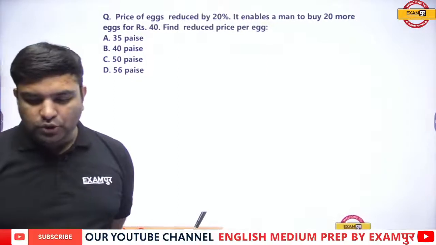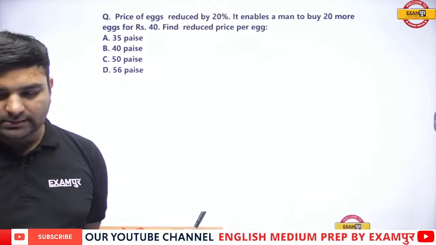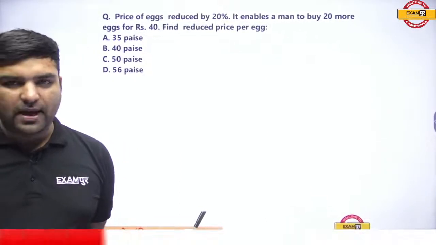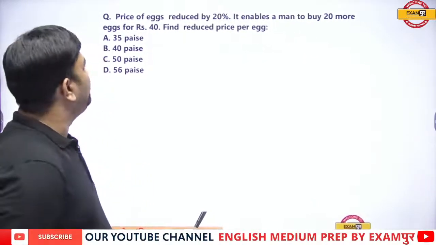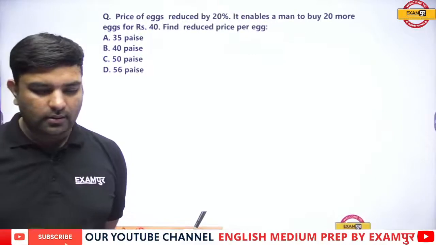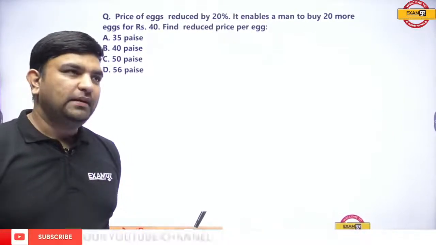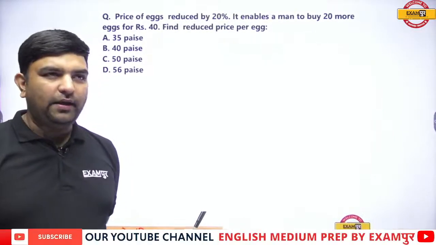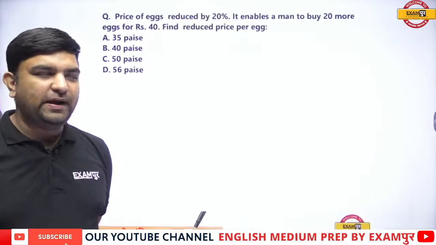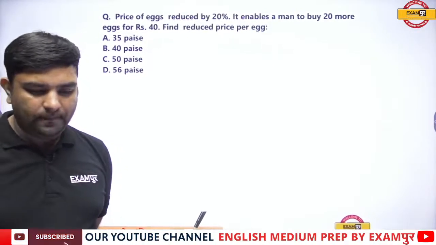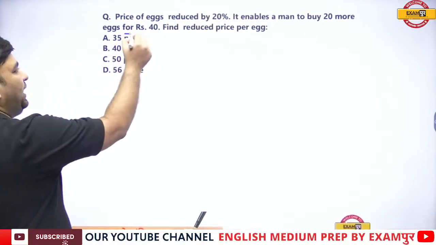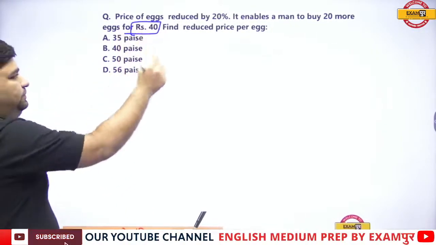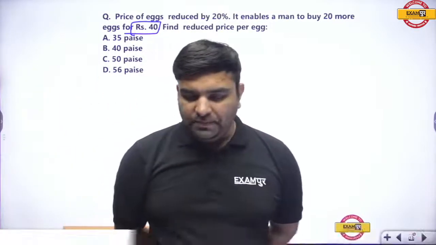Price of a reg reduced by 20%. It enables a man to buy 20 more for rupees 40. Can I say initially as well as finally, he is spending only rupees 40?